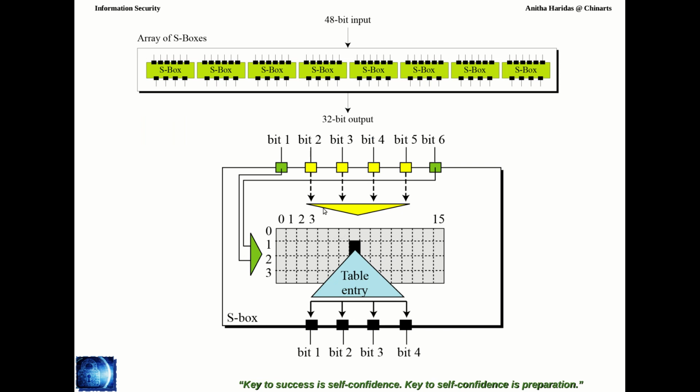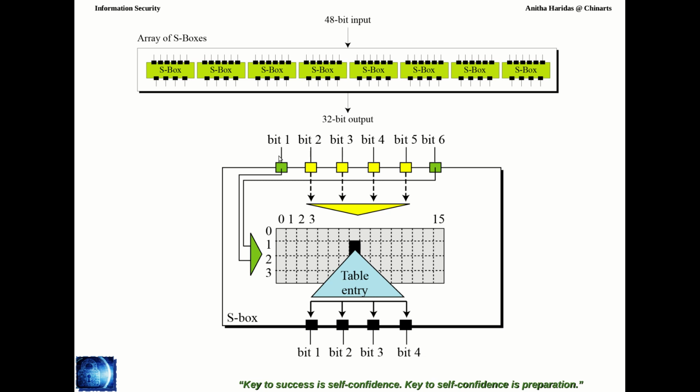So let us see how these 6 bits of input produce the output. Observe here, in the 6 bits, the first bit and the 6th bit will be taken as the row index of the S box table, whereas bits 2, 3, 4, 5 will be taken as the column index of the S-box table.